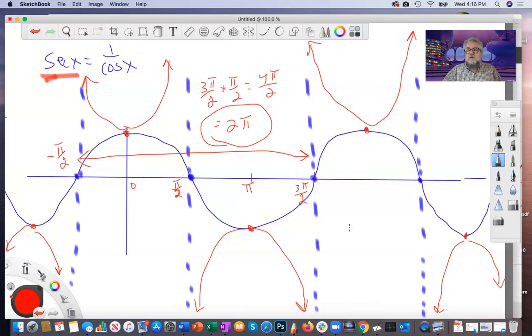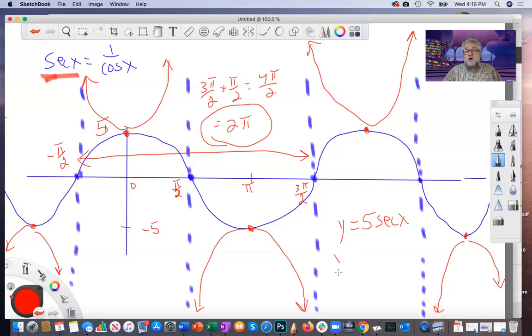If you have y equals 5 secant x, well, then instead of this going up to 1, it goes up to 5, and it goes down to negative 5, because that's what cosine would do. Cosine would go from plus 5 to negative 5, okay?